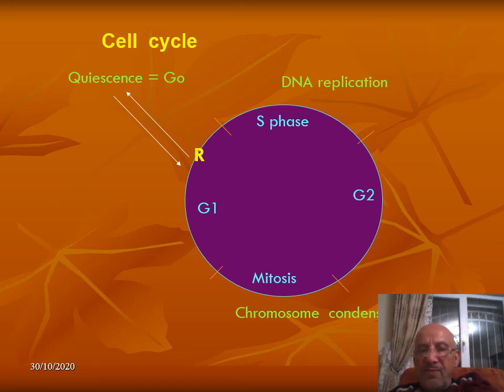The S phase is the phase of DNA synthesis, beside the RNA and the protein, and we have the G2, also called the pre-mitotic phase, with continuation of protein and RNA formation beside the established formation of the DNA.